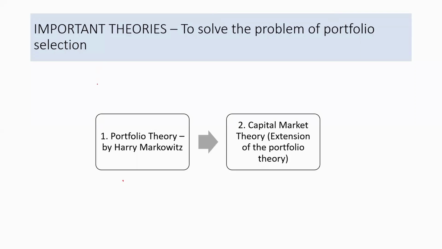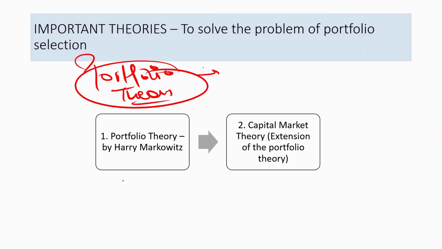Now let's understand the first important thing, portfolio theory. Why was there a need for a portfolio theory? Why did the idea actually come up, by Harry Markowitz? It was required because it has to set the foundation for the selection of the optimal portfolio by the rational investor.